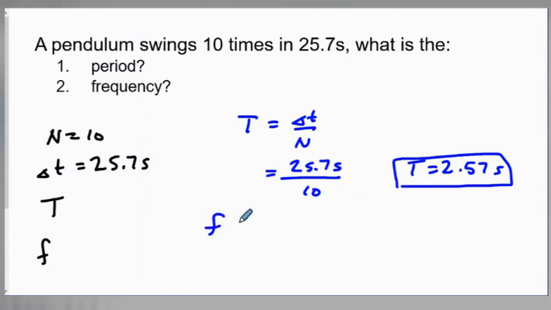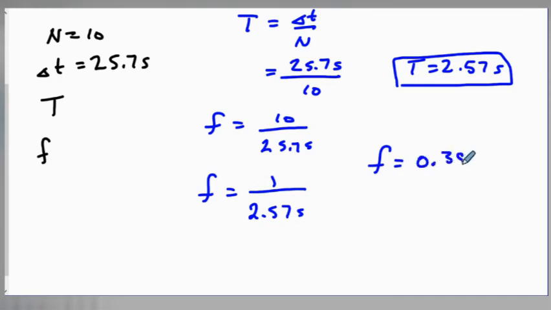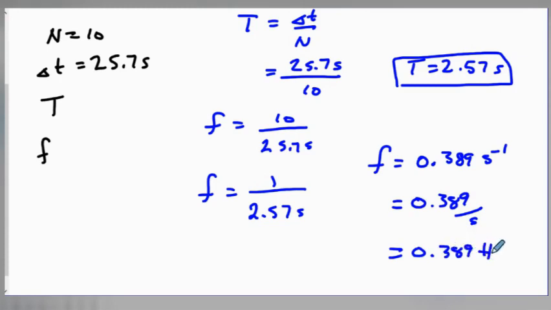For my frequency, I could either do 10 divided by 25.7 seconds, or I could say that my frequency is the inverse of the time. Either works, and frequency here is going to be 0.389 seconds to the negative 1, or I might say 0.389 per second, or the most common one we're going to see is 0.389 hertz.